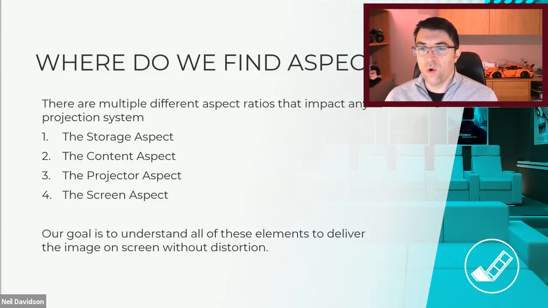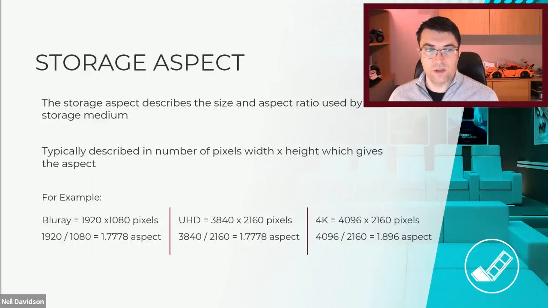Now, our goal is to understand all of these elements to deliver the image on the screen without distortion. So if we move over to the next slide. Let me just make a small adjustment here.